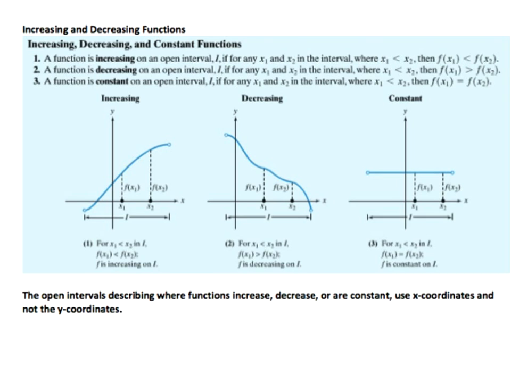So number 1 there says a function is increasing on an open interval I if for any x sub 1 and x sub 2, those are just talking about 2 different x values along the x-axis, and x sub 1 is less than x sub 2, meaning that you can tell from the diagrams below that if you are traveling from the origin in the positive direction on the x-axis, you'd hit x1 first and then x2. If your function is increasing, then f of x sub 1 is going to be less than f of x sub 2, so the y value of the first point is going to be less than the y value of the second point.